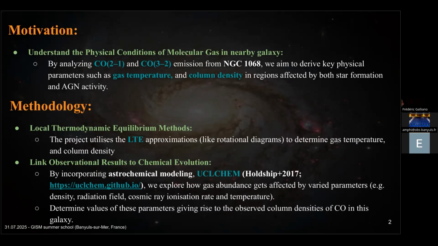thermodynamic equilibrium methods, like rotational diagrams, to determine the gas temperature and the column density. And then we linked the observational results to chemical evolution with the astrochemical modeling code, UCL-CHEM, to explore how the gas abundance gets affected by these parameters, like density, radiation field, cosmic ray ionization rate, and temperature.